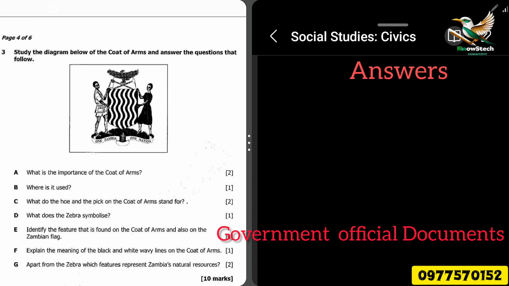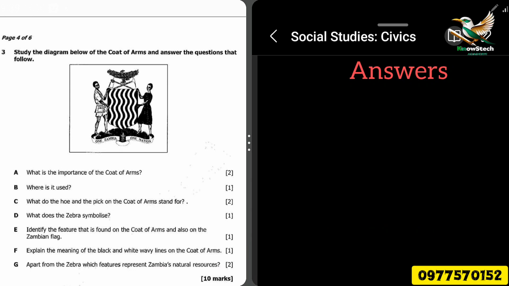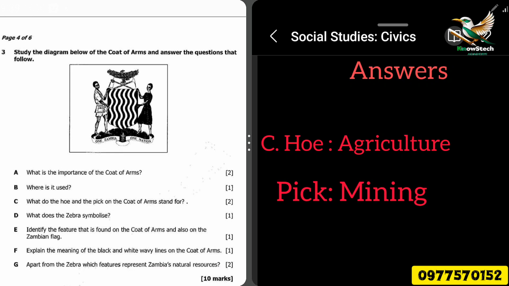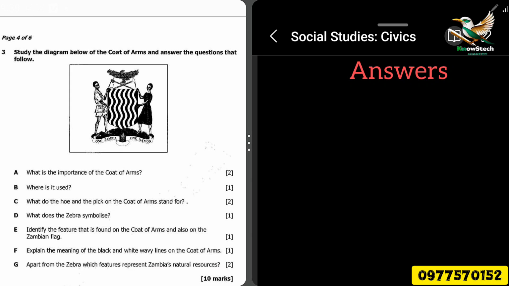What do the hoe and pick on the coat of arms stand for? The hoe stands for agriculture. Then the pick, mining. Are we together? Then what does the zebra symbolize?